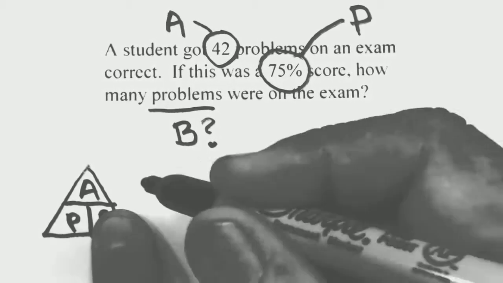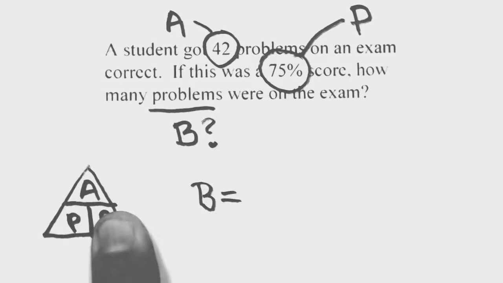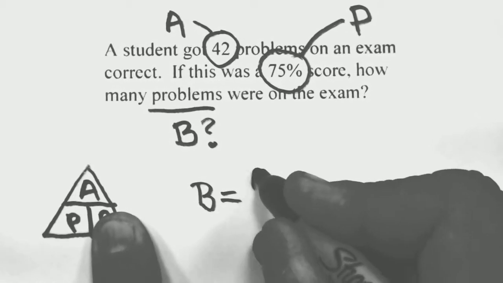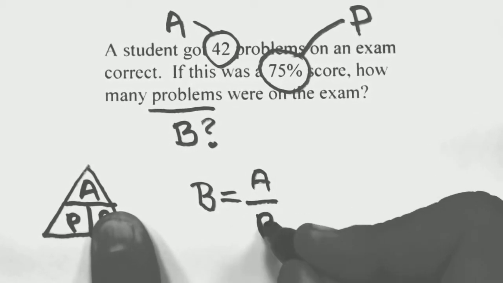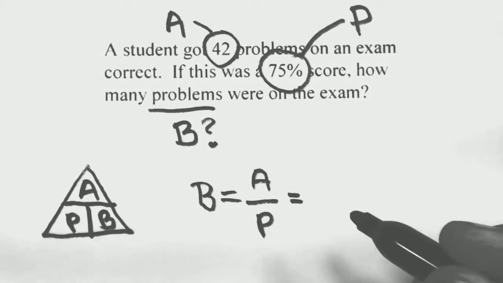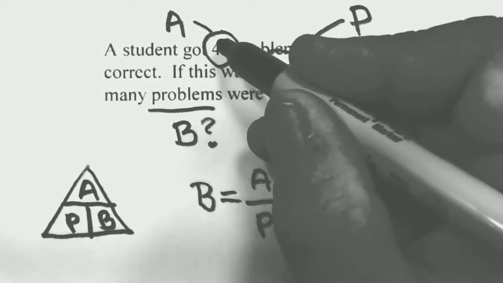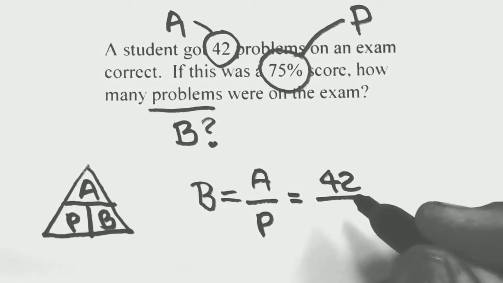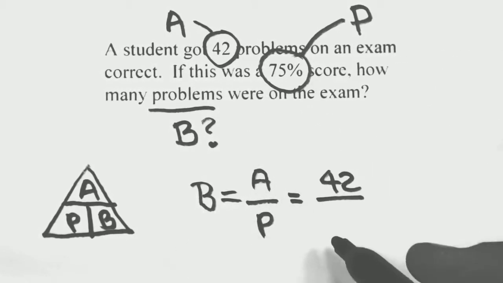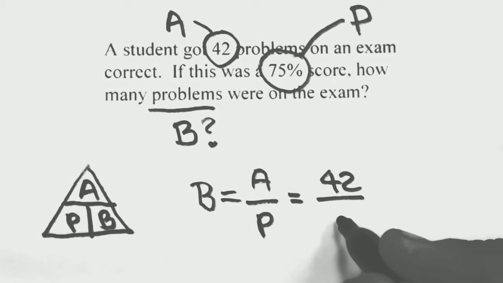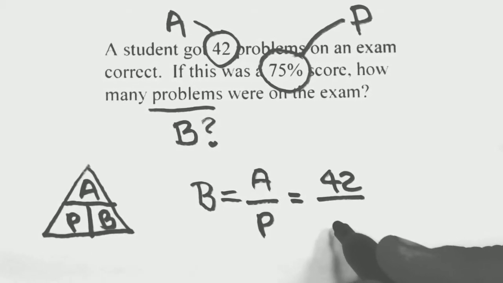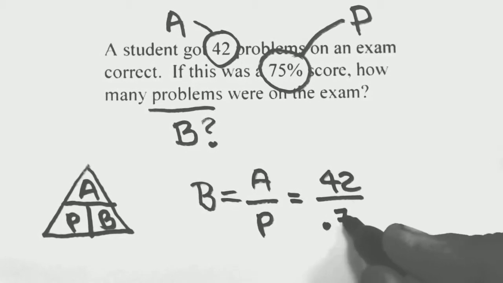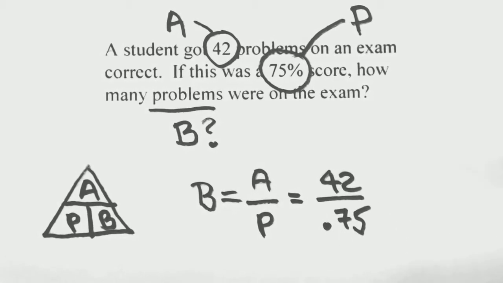Well, cover up the B, and you see A over P. So that tells you that B equals A over P. It's a quick way to get it. Okay, so here we go. What's the A? It's 42, so the 42 goes upstairs. What's the P? 75%. Now remember, you've got to convert that to a fraction or a decimal. Since it's by itself in the denominator here, I'll make a decimal out of it.